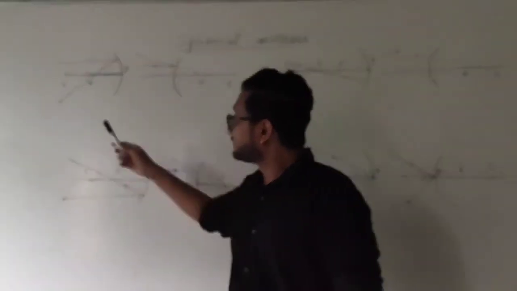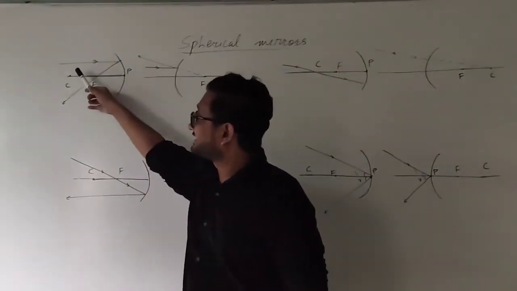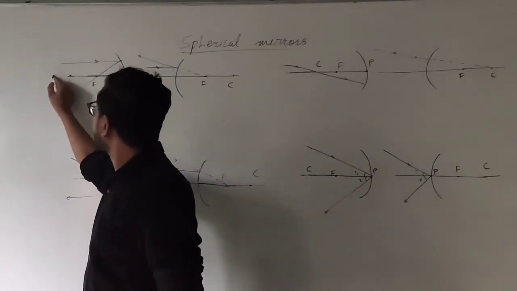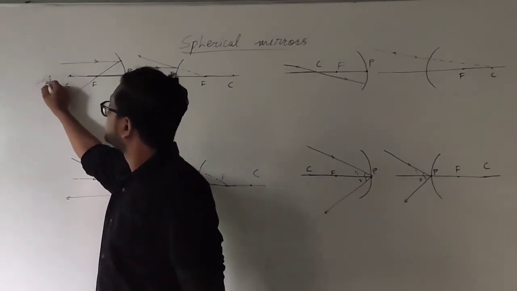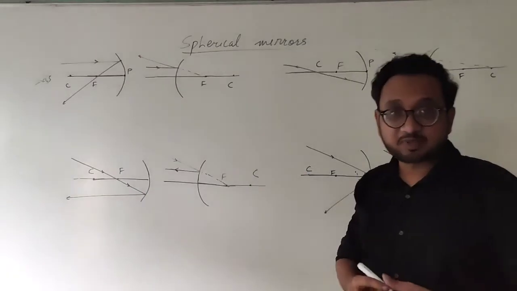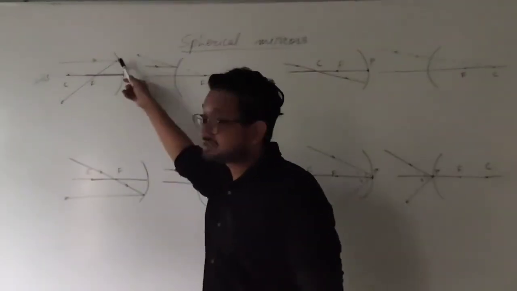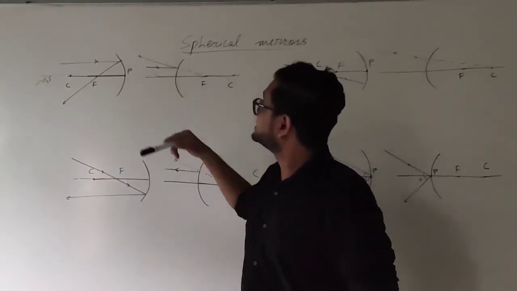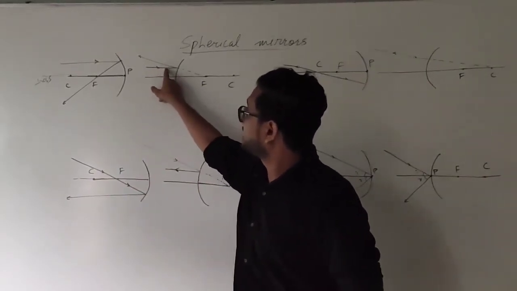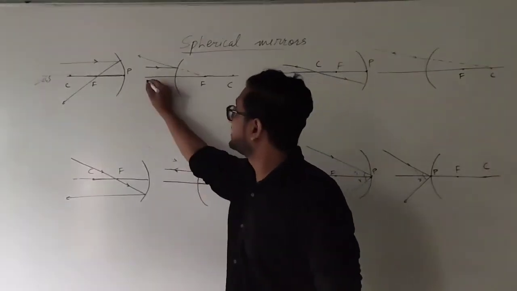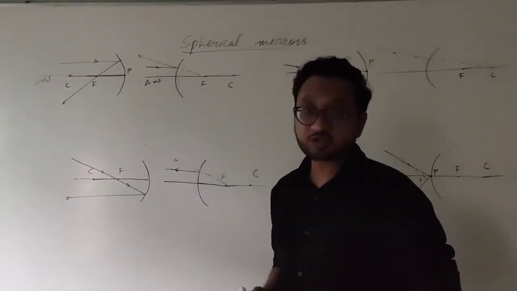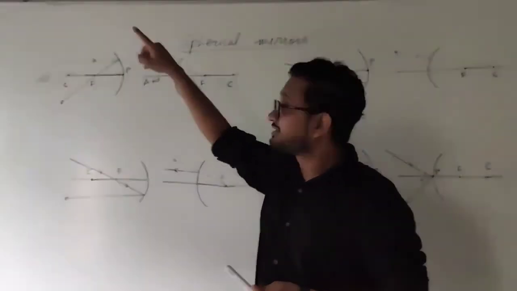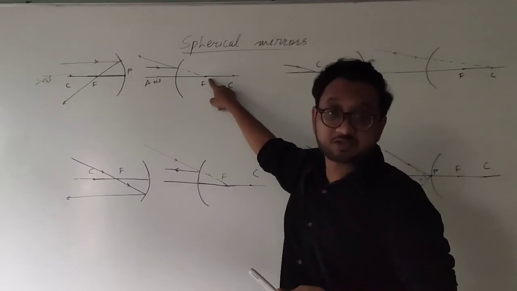Okay. First case, if the ray of light is parallel to the principal axis, this one, this is our principal axis. Okay. So if the ray of light is parallel to the principal axis, then after being incident on the mirror, it will pass through focus. Same is over here. As you can see, this ray of light is parallel to the principal axis. And after being incident on the mirror, it goes away in such a way that it is passing through focus.